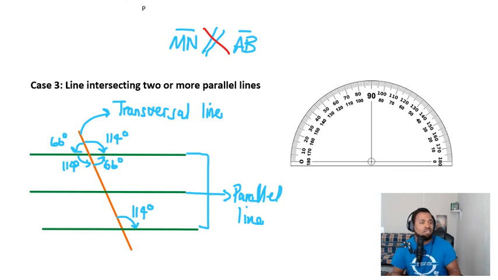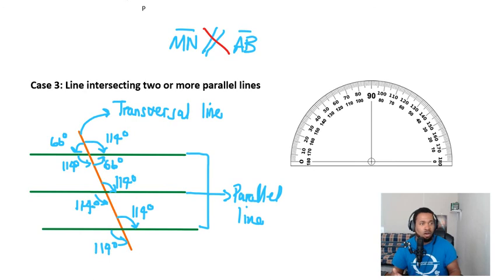And in this case here, if they never meet and they have a transverse line that cuts through them, it means that all these angles here in this case will be 114 degrees. Where else is 114? If this is 114 degrees, this at the bottom here will be 114 degrees, and this one here is 114 degrees.